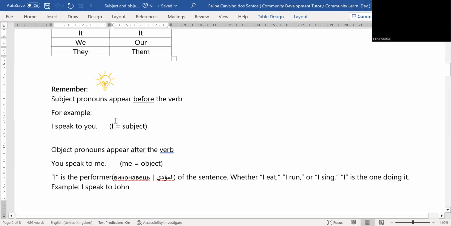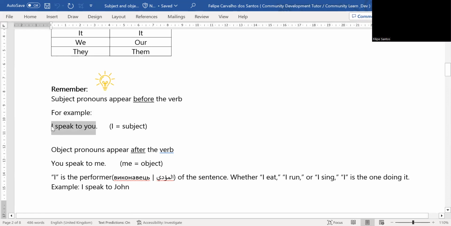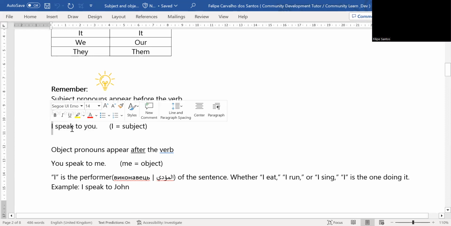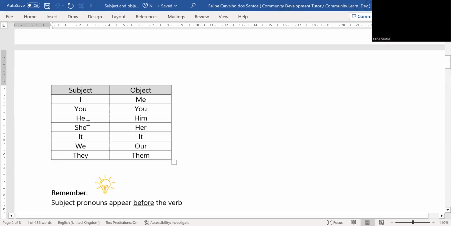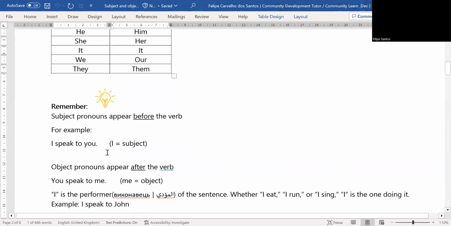Okay, so how do we use it? Here's an example. I speak to you. So I is the subject and you is the object. Let's see another example.